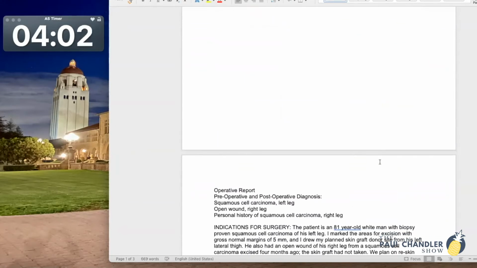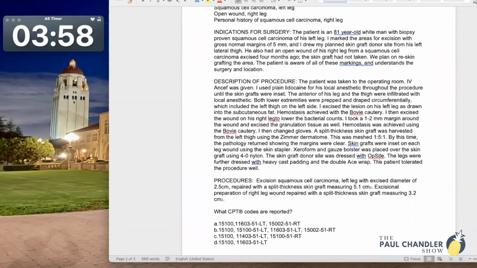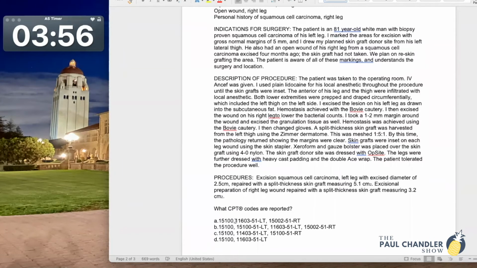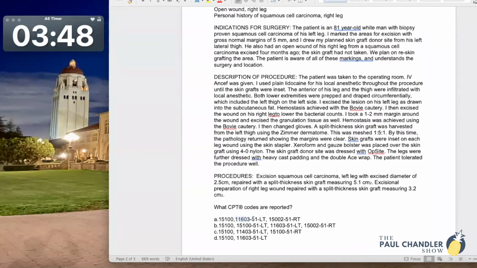And scrolling down, okay, oh, this is a doozy. Let's see. Well, 15100 has to be right because it's in all 4 options. 11603 modifier LT51 is in there 3 times, so I'm not liking Charlie because it does not have that one.